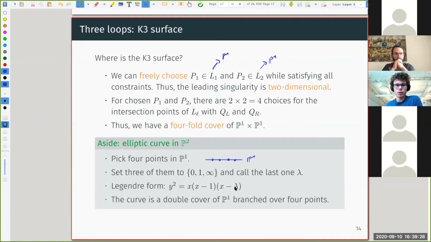And this curve is a double cover of P1 branched over 4 points. So here again the situation is kind of similar, except that we don't have a curve branched over some points, but we have a surface branched over some curves. So what we should do now is look at what these branch curves are, basically the analog of these points in the case of the elliptic curve.